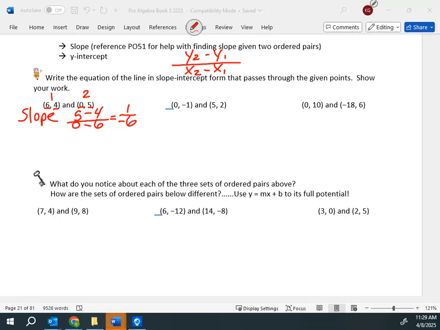So that's a negative 1/6 for my slope. What is my y-intercept? 5. It's going to be that positive 5, because we have 0, 5, so it's that positive 5.